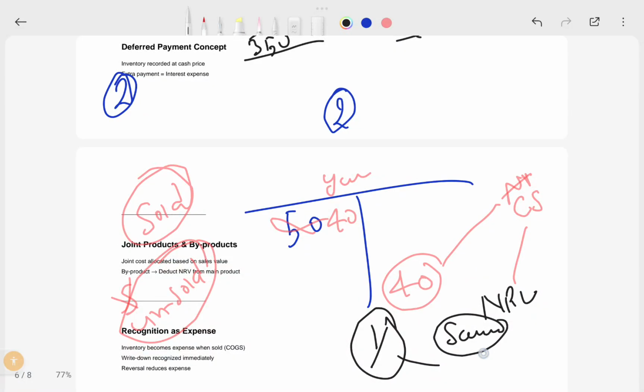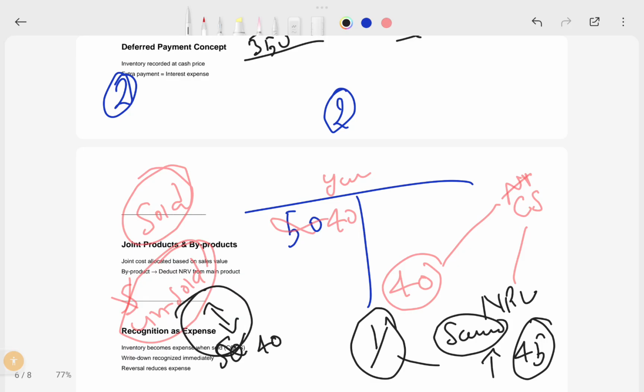In this situation, if the NRV increases to 45 rupees, whereas your cost is 50, now in your books your cost is 40 only, because you already wrote it off in the previous year, right? So your cost is 40, the revised cost, and your NRV is 45. Whichever is lower, what will you show? 40 only. But earlier the cost was 50.